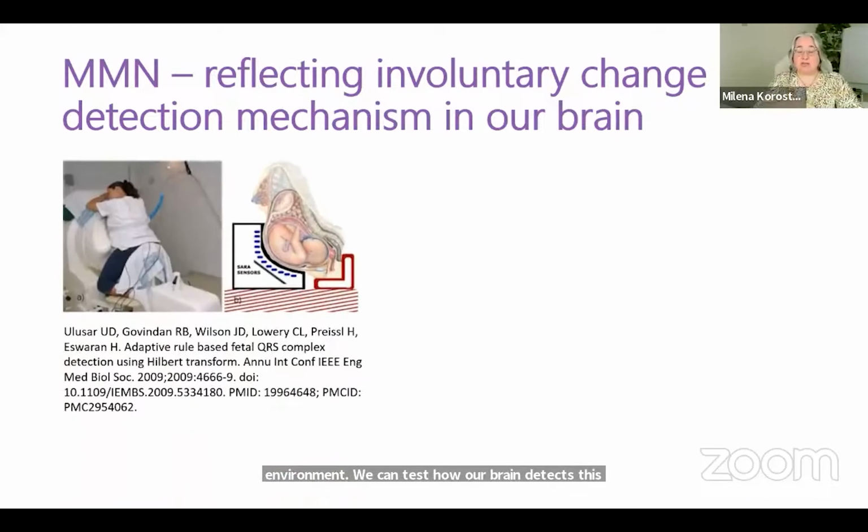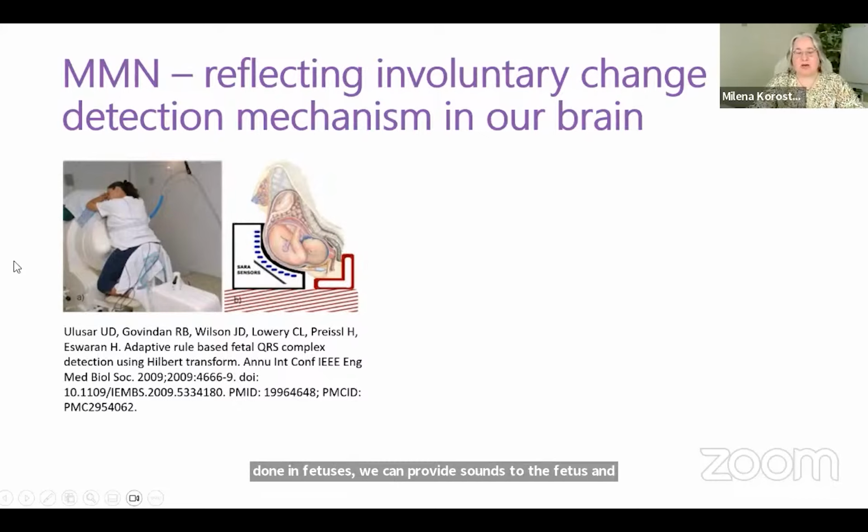And it is very broadly used, not only in research, but now it is proposed as a biomarker, for example, for schizophrenia. There is research that is done in fetuses. We can provide sounds to the fetus and detect the mismatch negativity response.